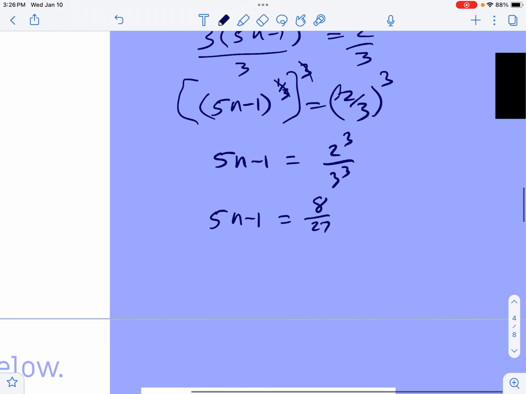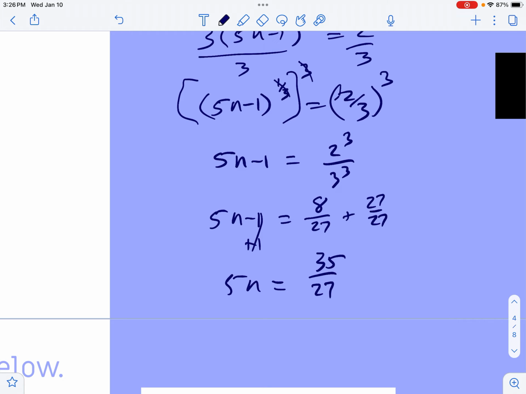Okay. So I guess I would add 1 to both sides. So I'm going to add 1, but that's 27 over 27. That's 1 equal to 1. So 5n equals 35 over 27.